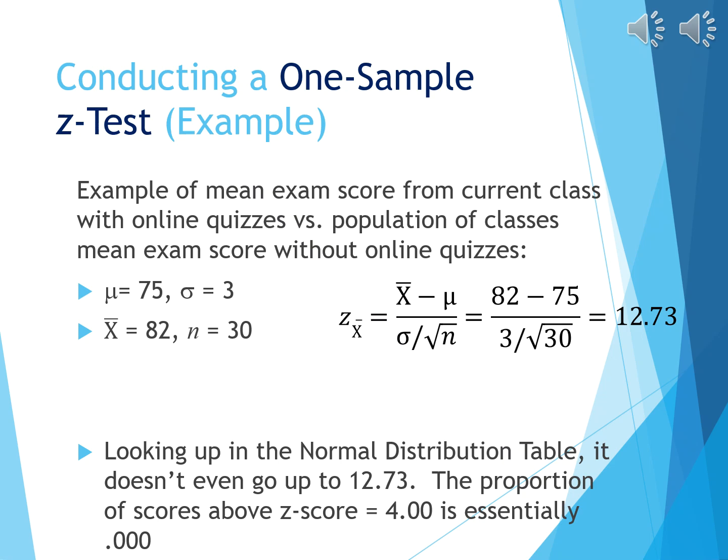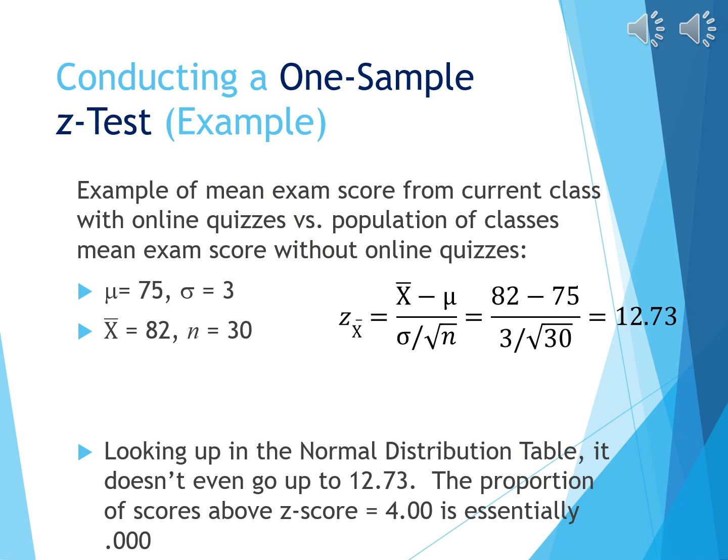Let's say, for example, that we've got average exam scores from a current statistics class that has online quizzes. And we're trying to compare the average exam score of this one class that has online quizzes versus the average exam score of an entire population of classes that don't have online quizzes.